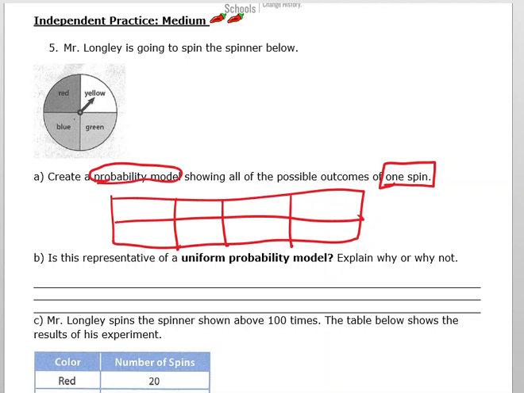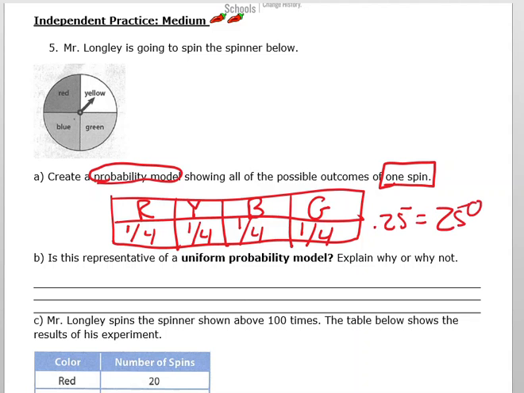I know my possible outcomes are red, yellow, blue, and green. And I know that each time if I spin once, I have a 1 in 4 chance of landing on each of these, which is equal to 0.25 or 25%.